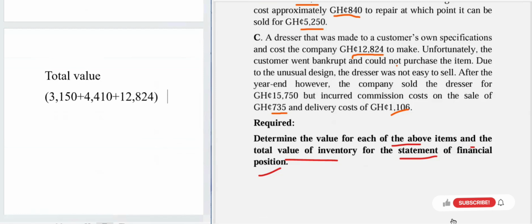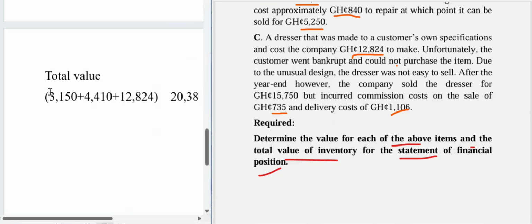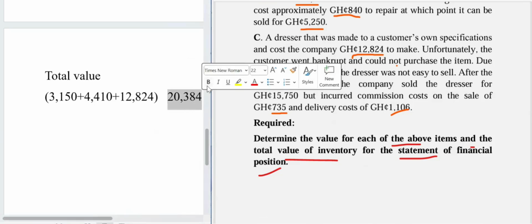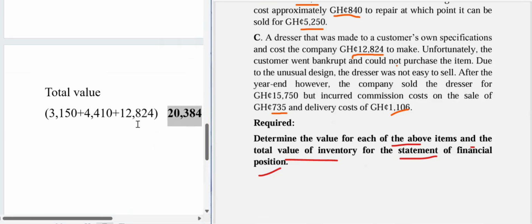Summing everything gives us 20,384 Ghana cedis. So this is the total value of inventory.